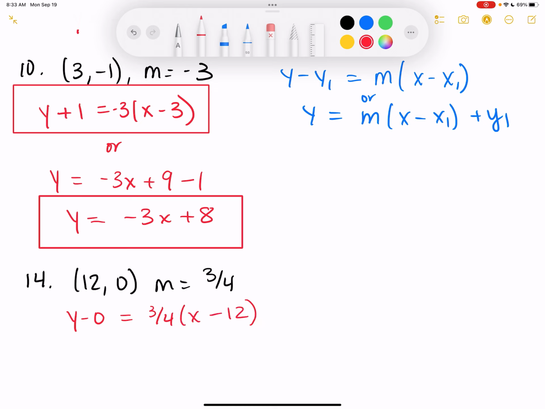Yep. And so then let's go ahead and put it in slope intercept form, since that's what the book does. So what would slope intercept form look like for this? y equals 3/4 x minus 9. Yep.